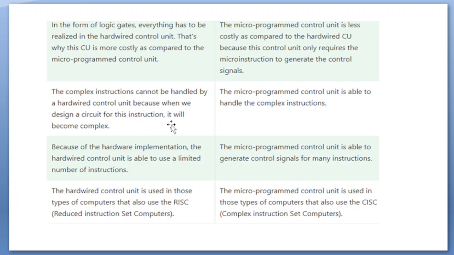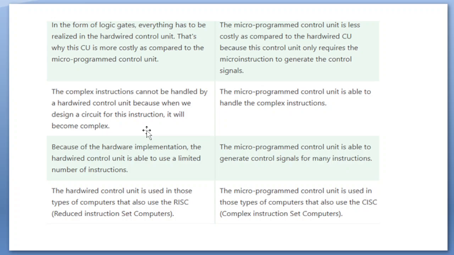Then, complex instructions cannot be handled by the hardware control unit, because when we design a circuit for such an instruction, it will be complex. We can't add many complex instructions to the hardware control unit, since it performs a single particular task only.